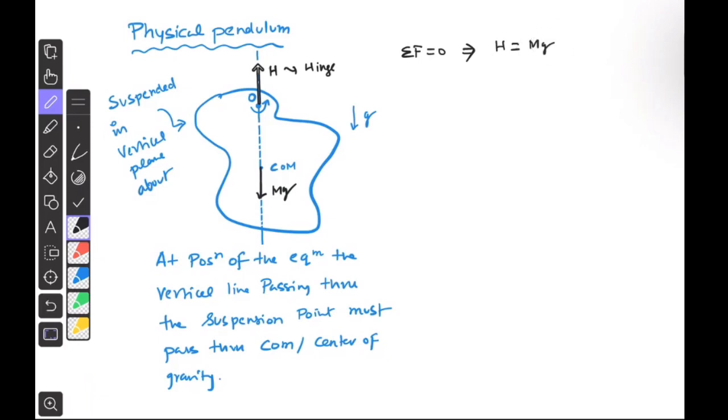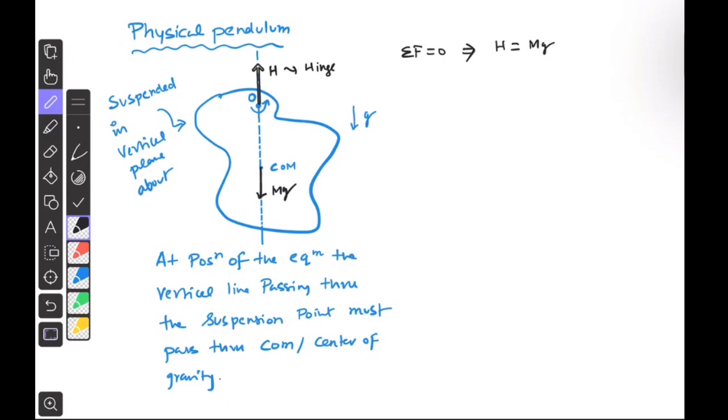So what I have is two forces which are equal and opposite, and their line of action is not the same, and the point of application is not the same. Only when their lines of action are the same can I have the total torque due to them be 0.